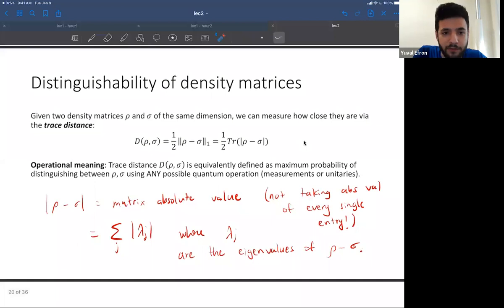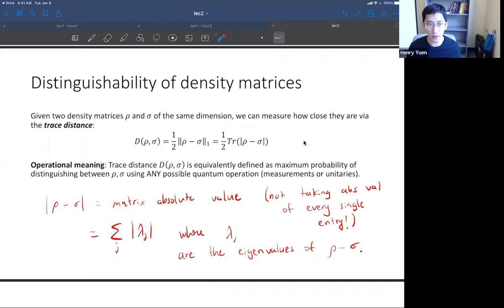Is there a proof of the fact that the probability of distinguishing is exactly equal to half of the norm of the difference? Yeah, there is a mathematical proof of this.